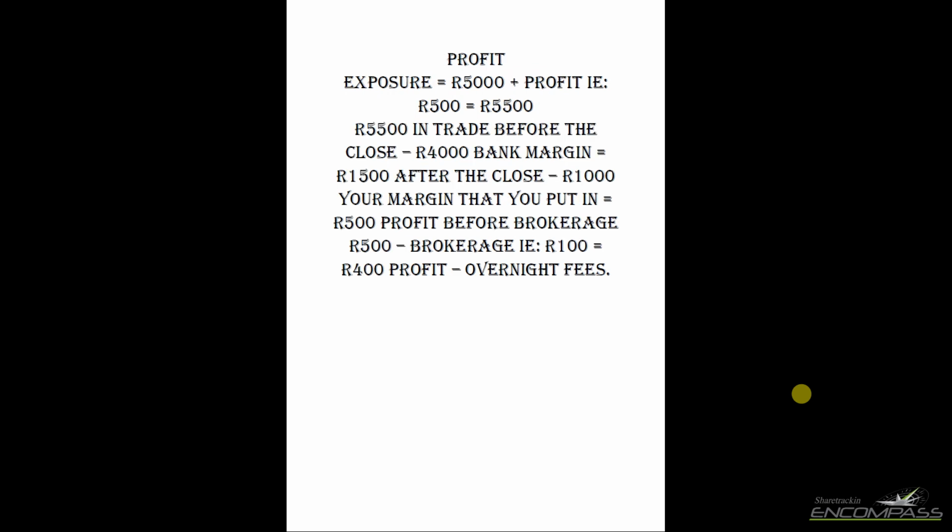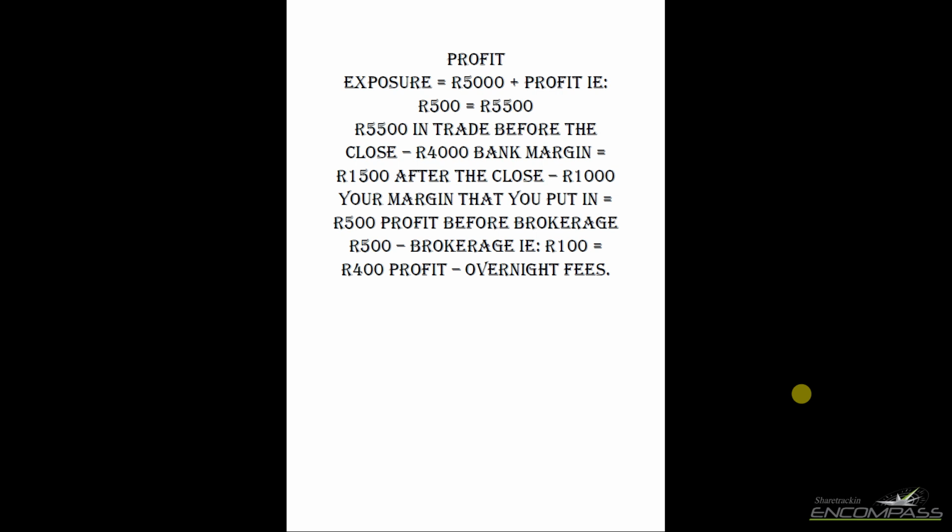Next, you can calculate some profit here. Let's say you open a trade with an exposure of R5,000, and then that share price goes up by 10%, so you make a 10% profit on the R5,000 exposure, meaning that you made R500 profit, equaling 5,500 total out.